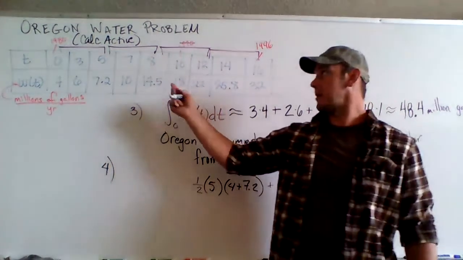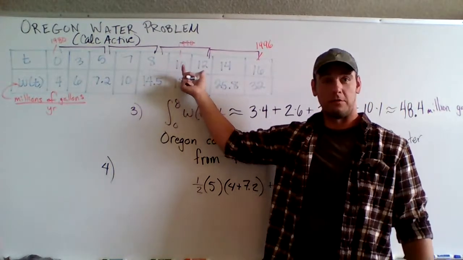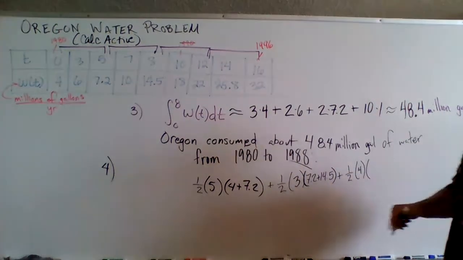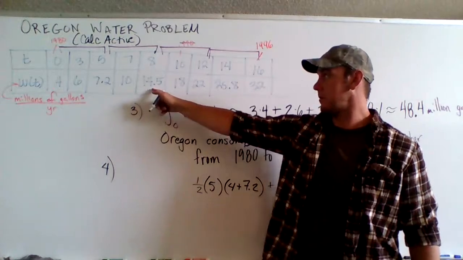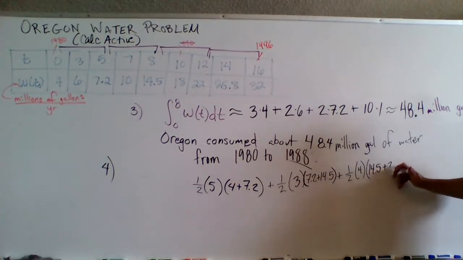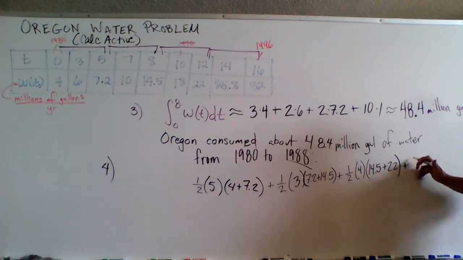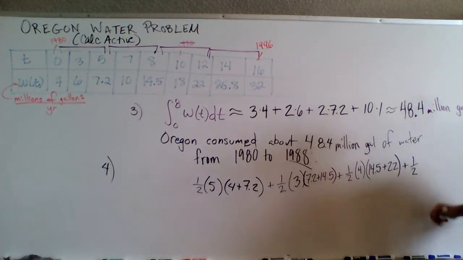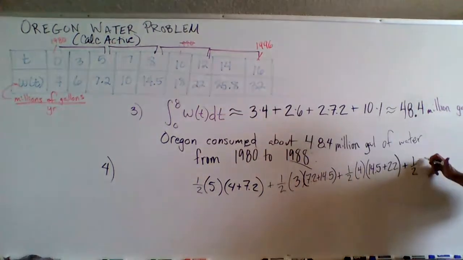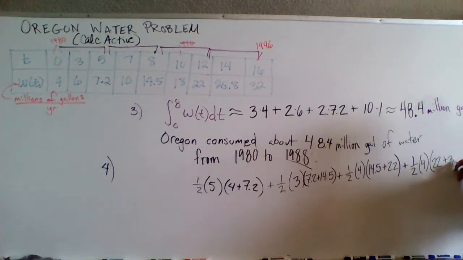The difference in our times is going to be 8 to 12, which is a difference of 4. Our bases are going to be 14.5 and 22. And our last one here is going to be 1/2. The difference is going to be 4. And we're going to get 22 plus 32.